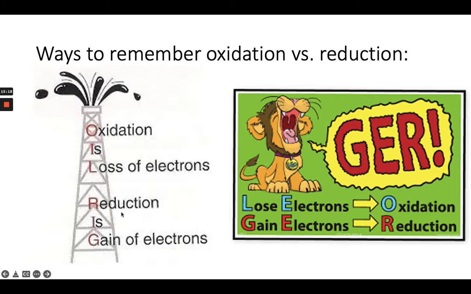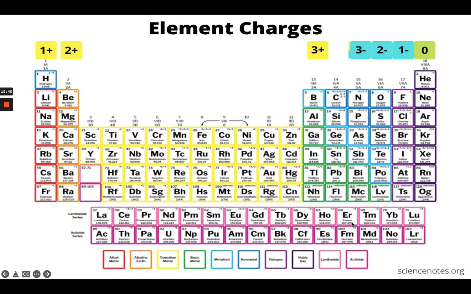Now, a way to remember that metals are oxidized and nonmetals are reduced is these 2 acronyms you can remember. Either OIL RIG: oxidation is loss of electrons, OIL, reduction is gain of electrons, RIG, or LEO the lion says GER. So LEO is lose electrons, oxidation, and GER is gain electrons, reduction.